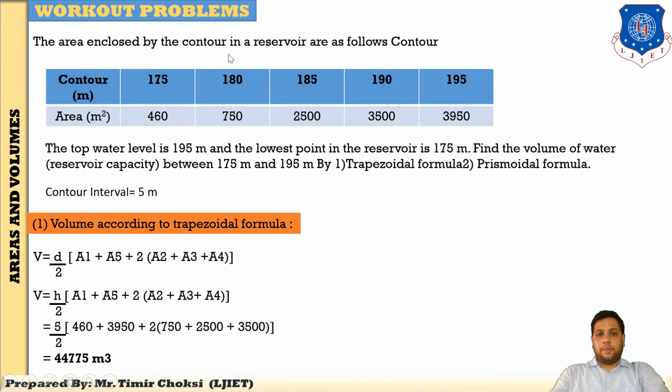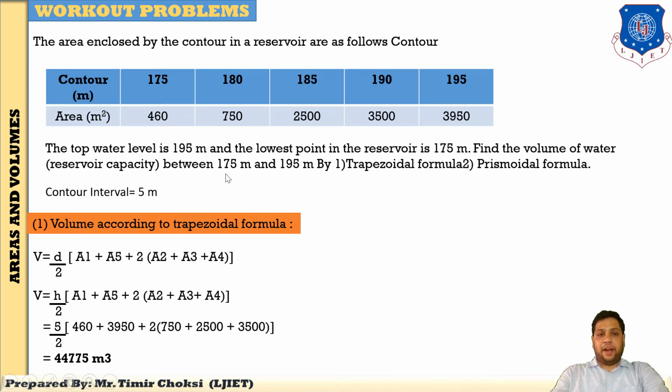The areas enclosed by the contours in a reservoir are as follows. The contours are given with an interval of 5 meters: 175, 180, 185, 190, 195. The areas are given directly: 460, 750, 2500, 3500 and 3950.